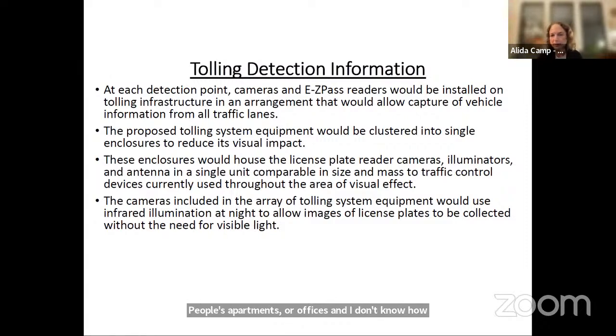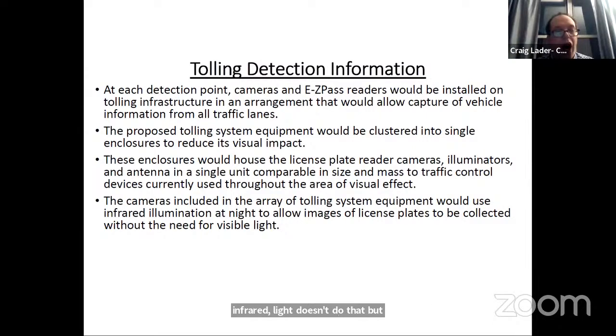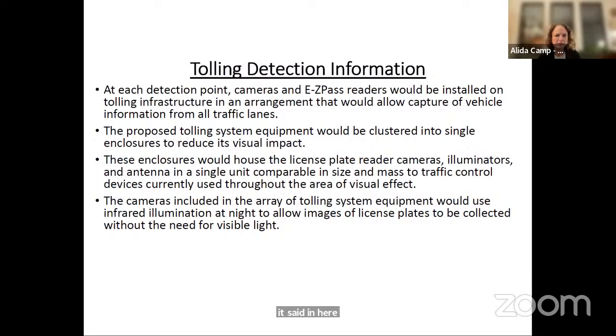So do you have any idea? Infrared light doesn't do that, but I don't know about the rest of the time. That is what I'm understanding it to be. I'm no expert when it comes to how the tolling systems will actually work, but that's what I'm inferring from what it said in here. Yeah, that's just at night.